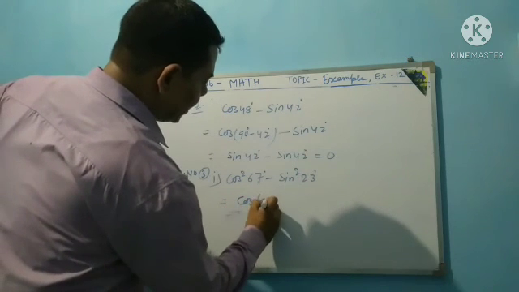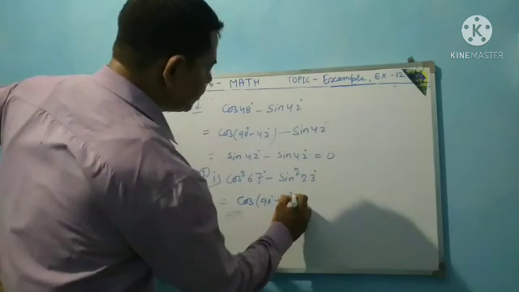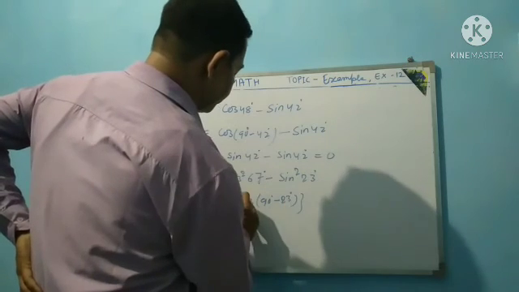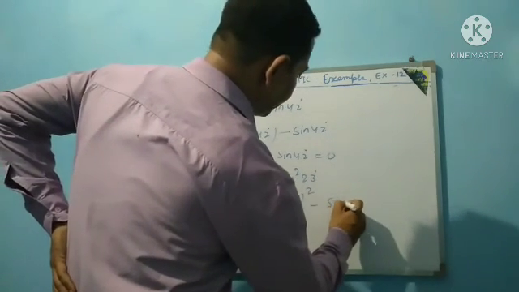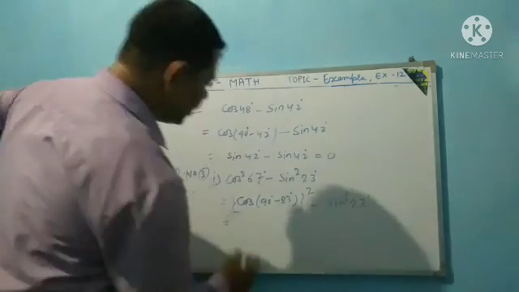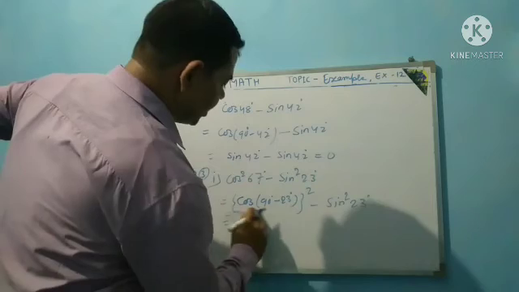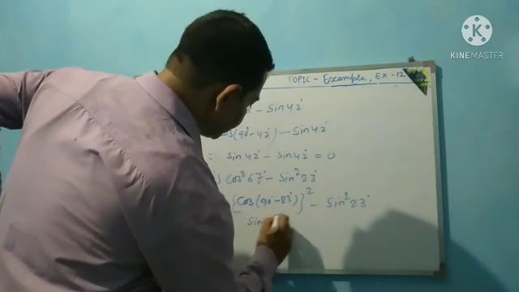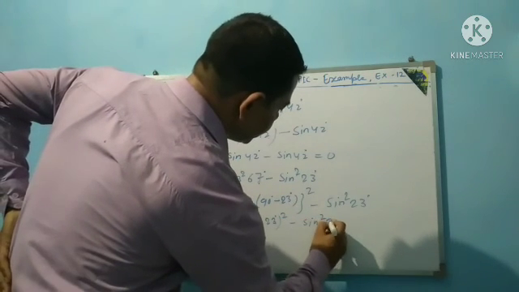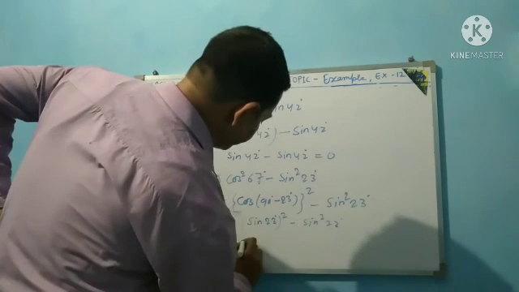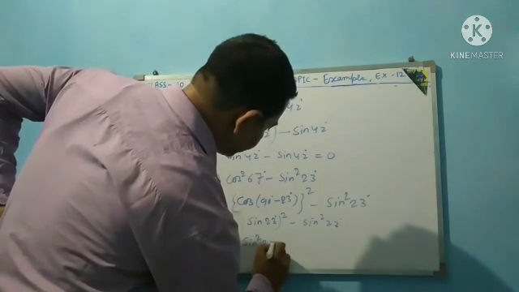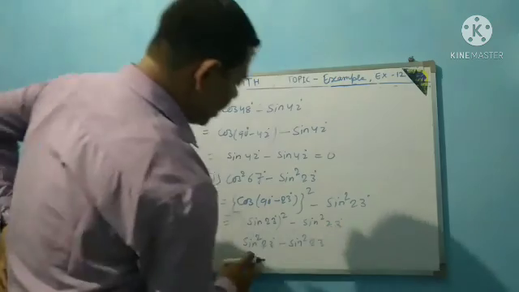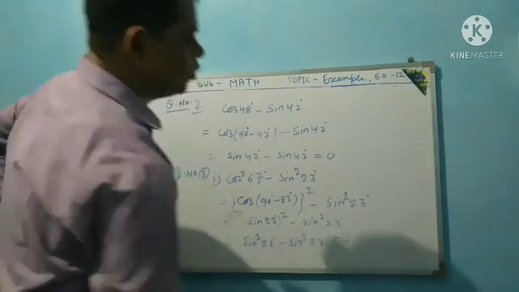Cos 90 minus 23 changes to sin 23 degree, squared, minus sin square 23 degree, so that is sin square 23 degree minus sin square 23 degree, and that is equal to 0.